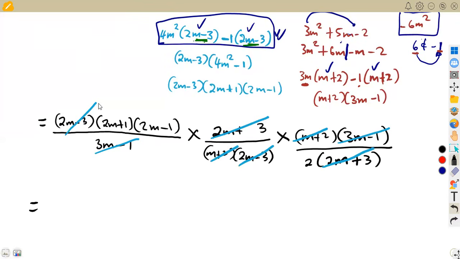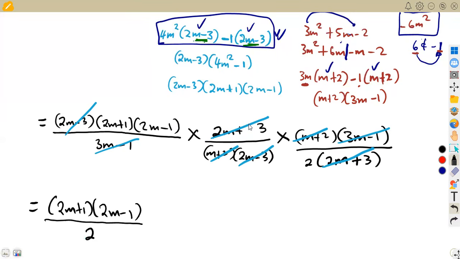So here we are just taking what is left from the numerator, these 2 brackets. So we are going to have 2m plus 1 into 2m minus 1 over what? Here we are left with what? There's a 2 that is left in the denominator there. All right, so that's it. We are done. So this is what we can have at the end.